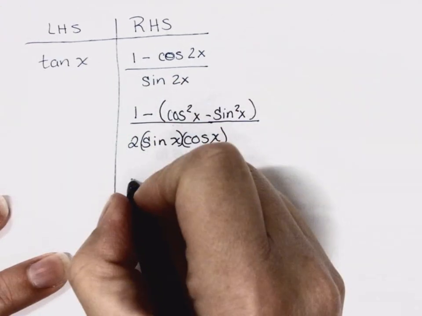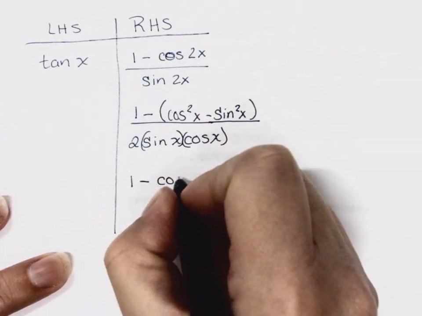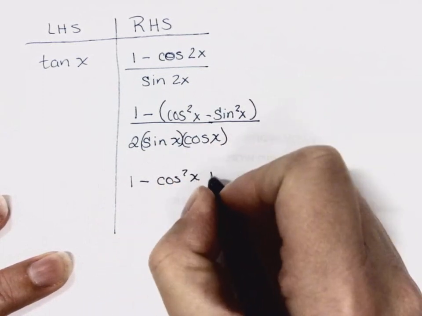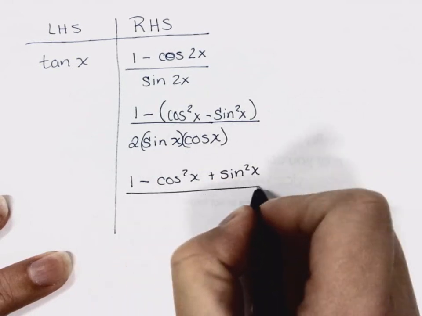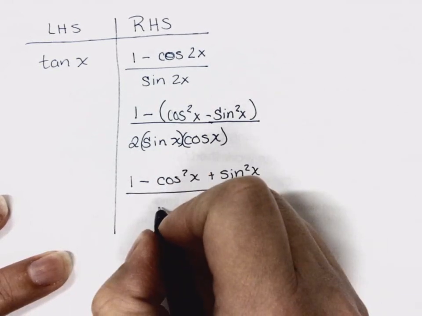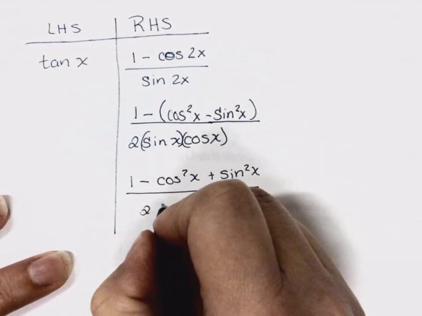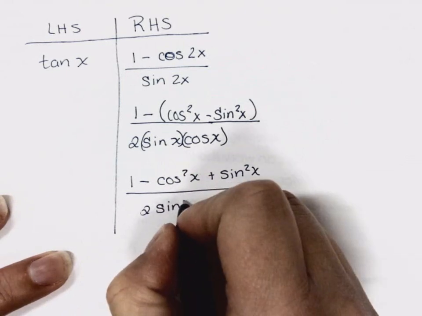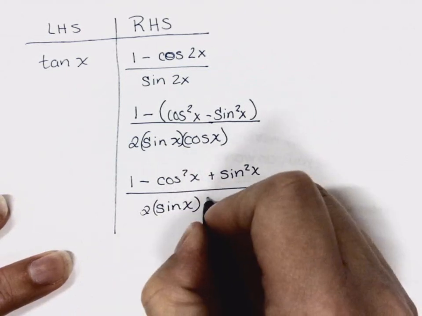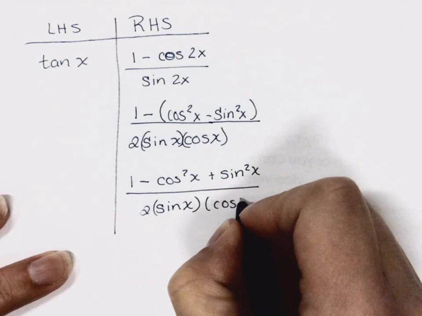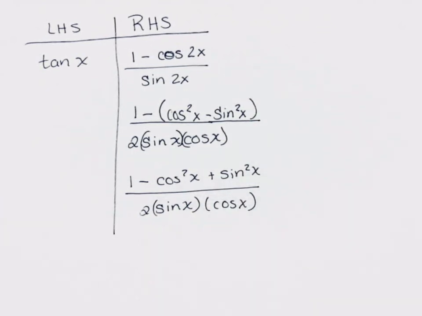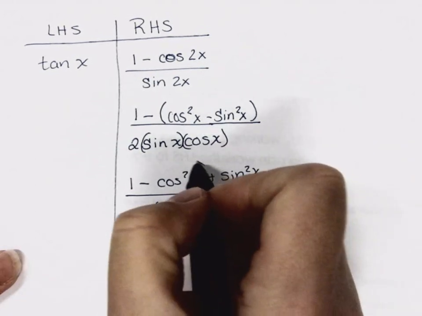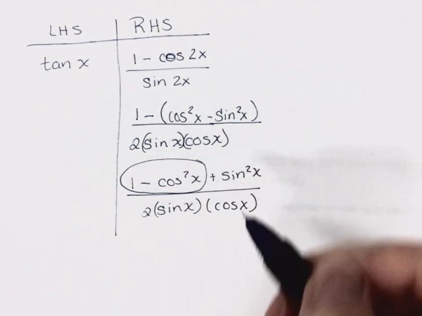All right, so I'm going to distribute that negative through. Oh, I like where this is going. Okay, anybody see anything exciting in the numerator? 1 minus cos squared. What is that?